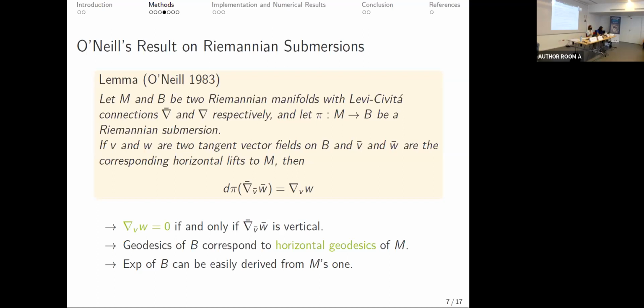But from the point of view of parallel transport, it's also really interesting because we have an equivalent condition for the covariant derivative of a vector field along a curve to vanish below: the horizontal component of the covariant derivative above should vanish. In other words, this covariant derivative should be vertical.